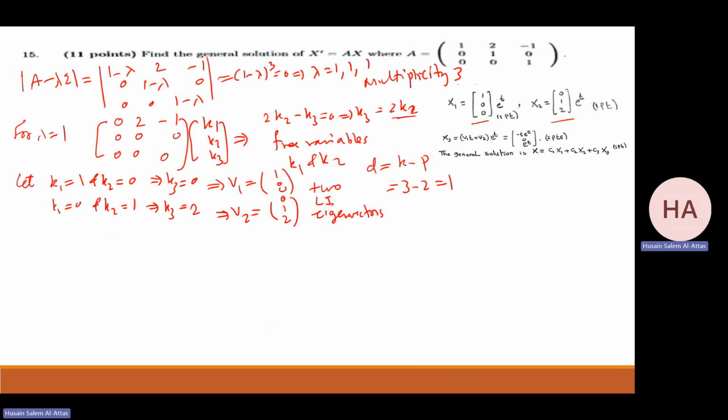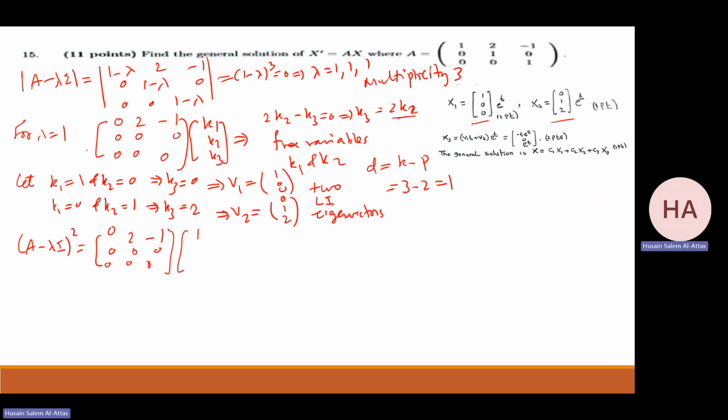Now find A minus lambda I squared. That will be 0, 2, minus 1, 0, 0, 0, 0, 0, 0.